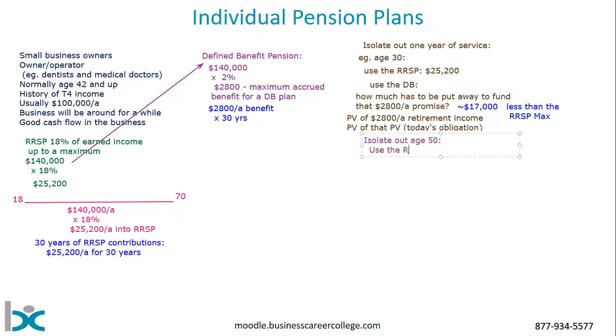And again, the same thing. If we use the RRSP, we've got $25,200. But now if we ask the question, how much has to be put away, still to fund that $2,800 promise, the difference here is that we have 20 less years to get to that present value.